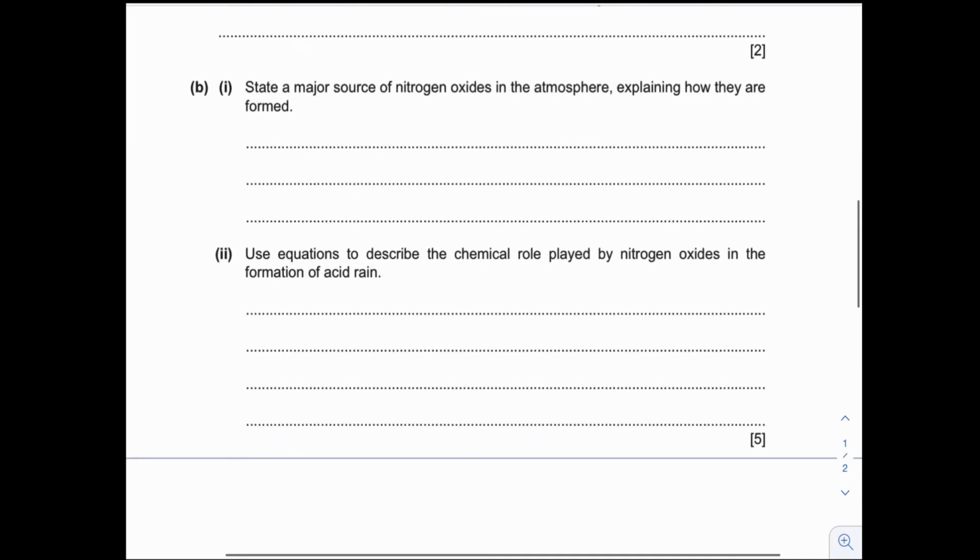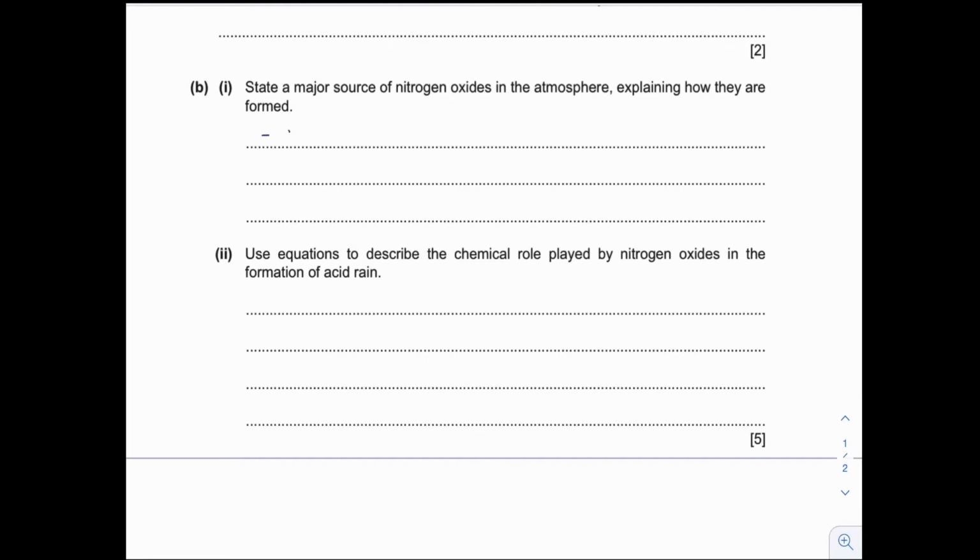So for the next question, B1, state a major source of nitrogen oxide in the atmosphere, explaining how they are formed. Well, nitrogen oxide can form from a few sources.